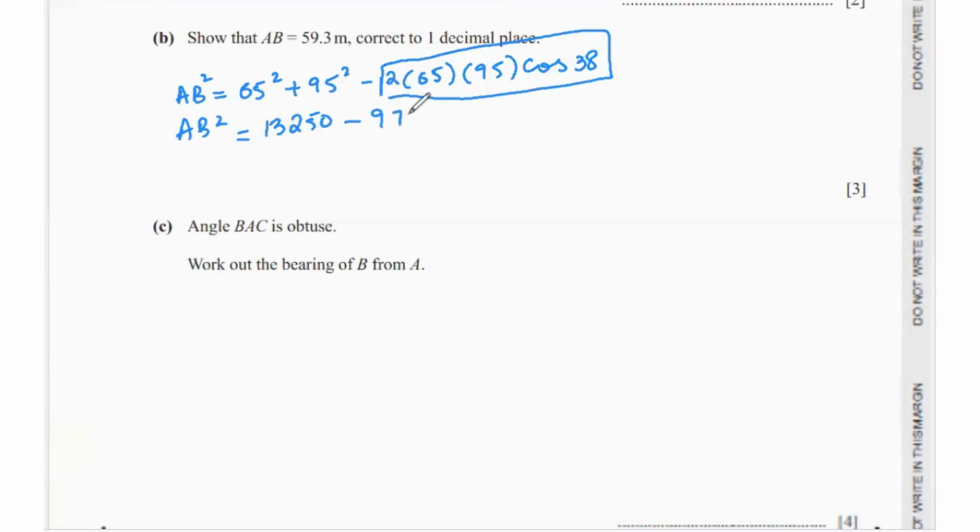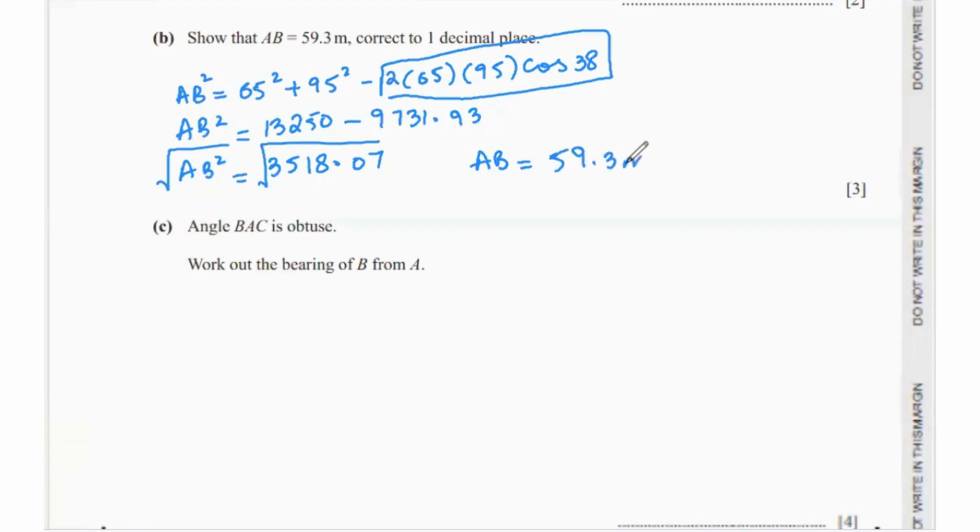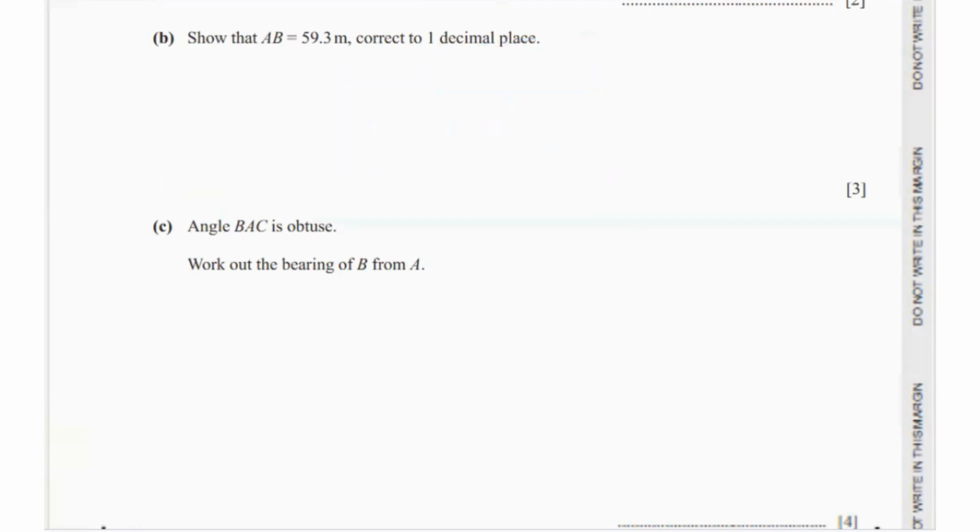That's 9,731.93. Find the difference of the two. 35,118.07. Take the square root of both sides, and AB will equal 59.3 meters correct to 1 decimal place. That's exactly what they wanted us to prove.